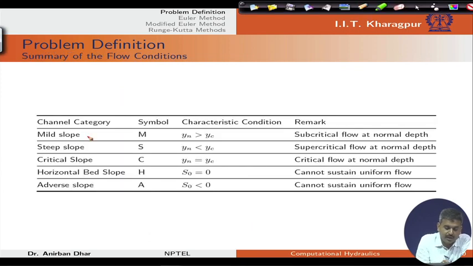For mild slope, with the symbol M, y n is greater than y c. Steep slope S, y n less than y c, this is supercritical flow at normal depth. Critical slope, y n equals y c, and horizontal bed slope, S naught equals 0. Adverse slope, we have S naught less than 0.